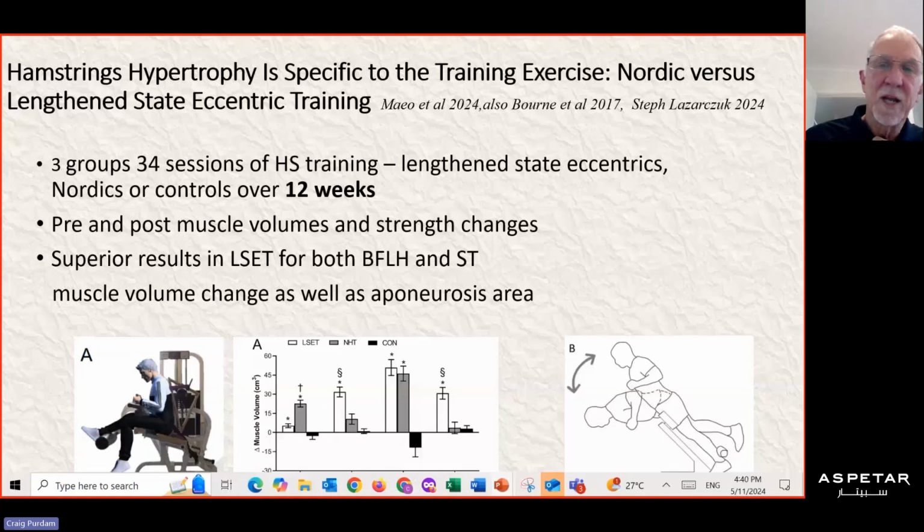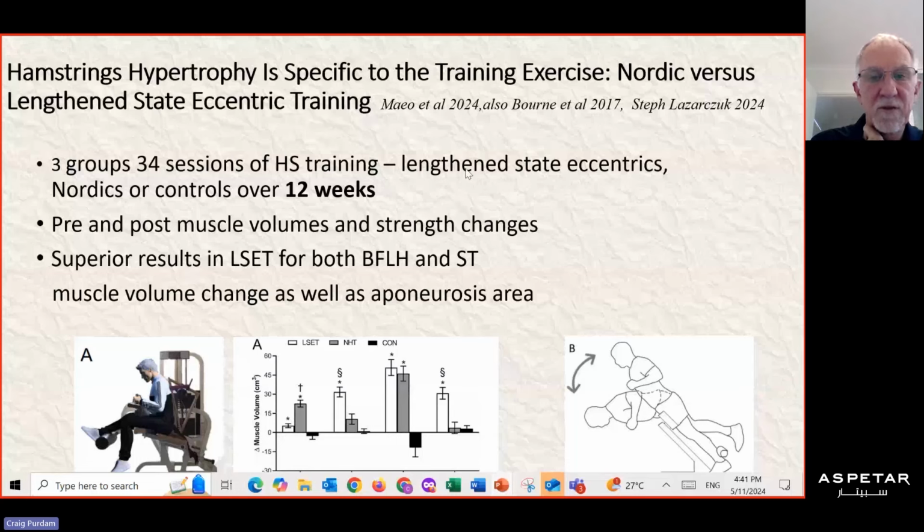Certainly Matt Bourne in his earlier work looked at improving biceps long head muscle bulk, but I don't think he looked at aponeurosis there. But I know they've got a later paper where I thought they showed an increase in aponeurosis cross-sectional area, but I could not find it.